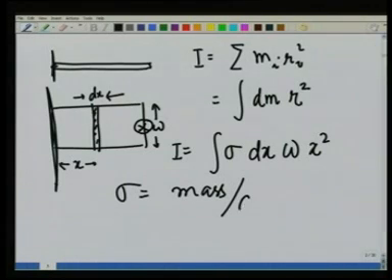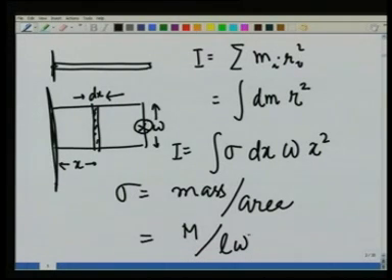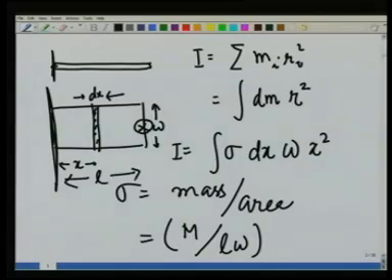Sigma is mass per unit area, which in this case would be the total mass divided by L times W, where L is the total length of the rectangle.